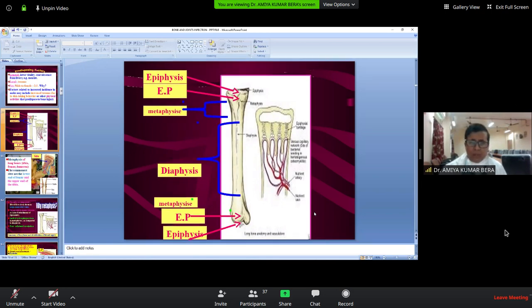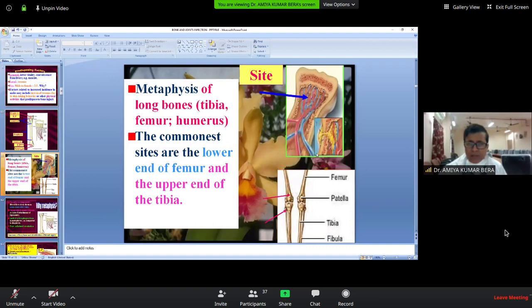Why metaphysis? It's the hairpin-like loop where the blood flow is sluggish. There is lack of collateral circulation, where the muscles and ligaments are attached. All these factors might have some role, the exact cause is not known. But it's the primary site which is involved.